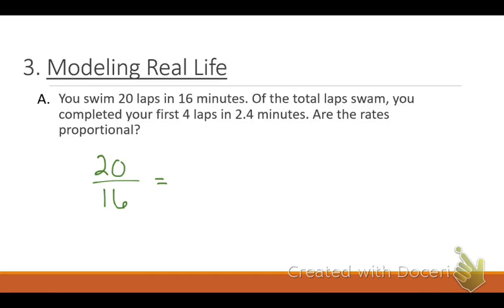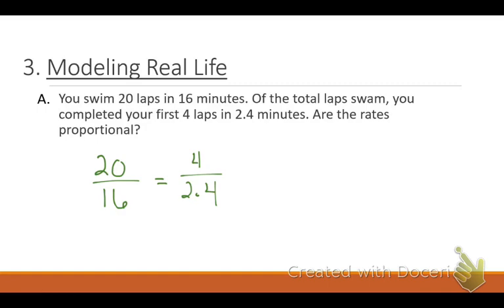So on both sides of the proportion, it's laps over minutes. I could flip that and say minutes over laps, as long as it's the same thing on both sides. So if I did 20 over 16 on the first side, what would I do on the other side? 4 over 2.4.